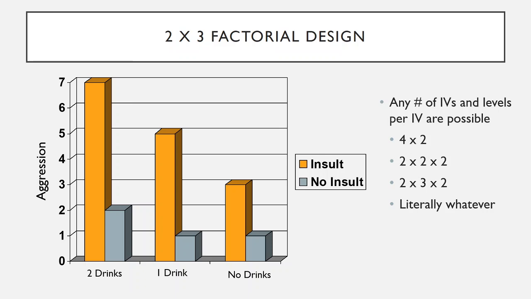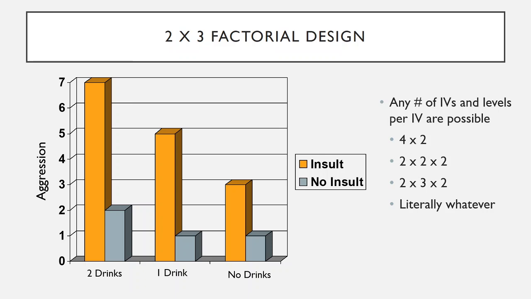Again, you would be able to evaluate main effects. So by collapsing the drink conditions, such that you just have the insult group and the no insult group, it still appears evident that insulted individuals are more aggressive before taking alcohol into account. So that's the main effect of insults. The interaction, on the other hand, is that as one continues to drink, the relationship between insult and aggression is exacerbated.